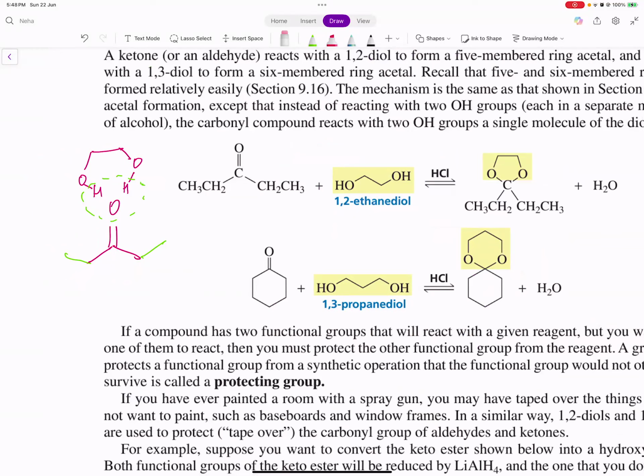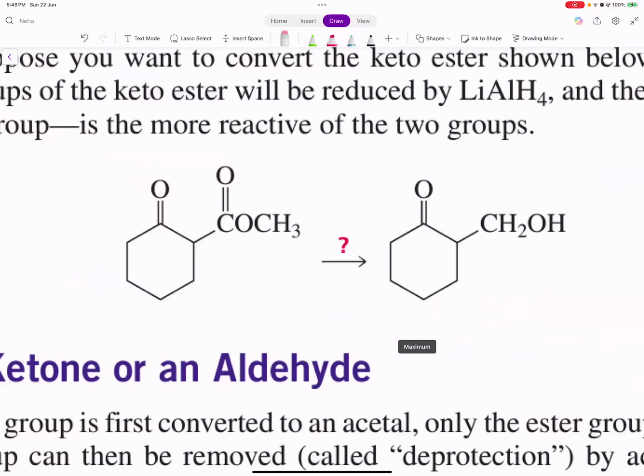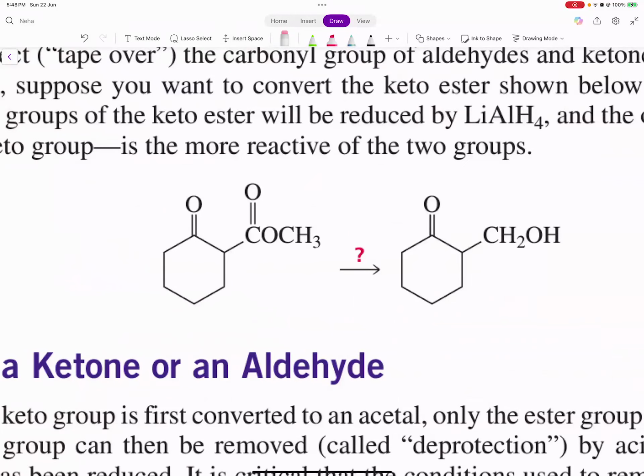Now these are protecting groups, and we'll see how they act as protecting groups. Now suppose we have to do this reduction. I know that esters can only be reduced by strong reducing agents such as lithium aluminum hydride. But if I use lithium aluminum hydride, then the carbonyl group will also get reduced.